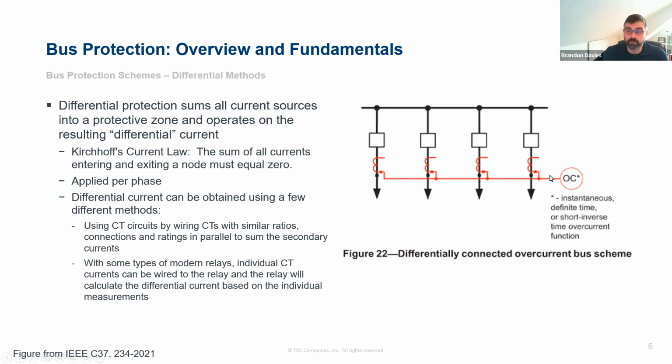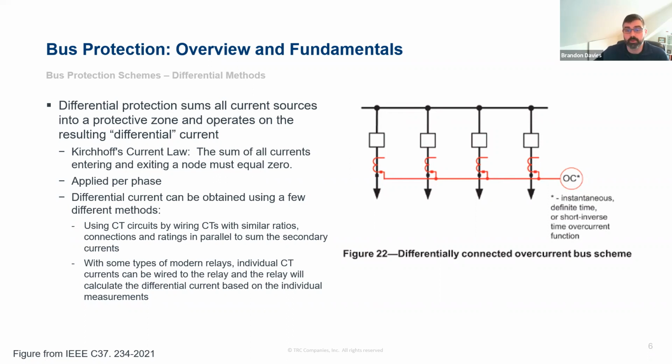And the resulting current that you wire into the relay, also in parallel with those CTs, will sum up to the sum of the currents entering the bus and exiting the bus. That was very typically done in a lot of historical applications using electromechanical relays and things like that.